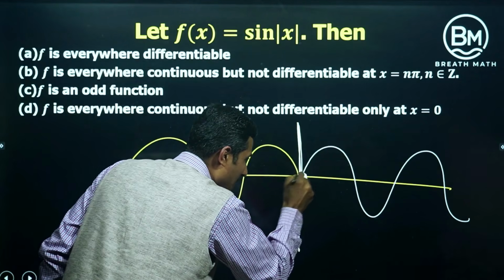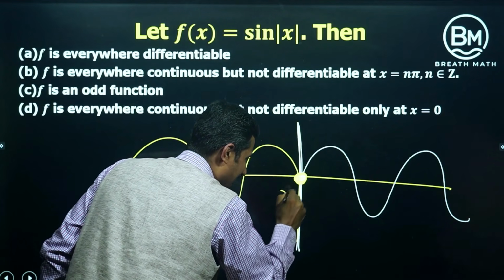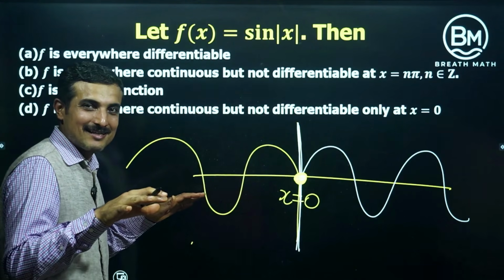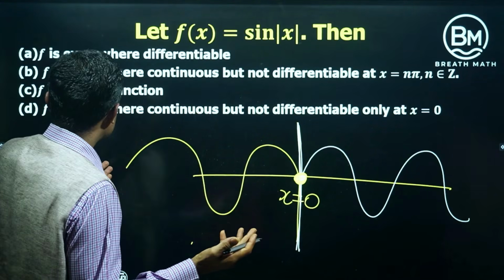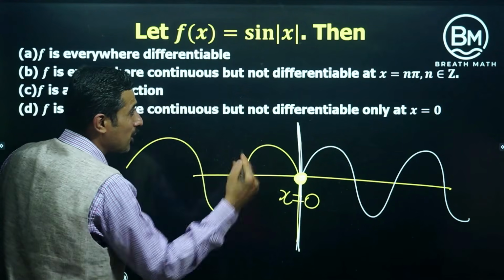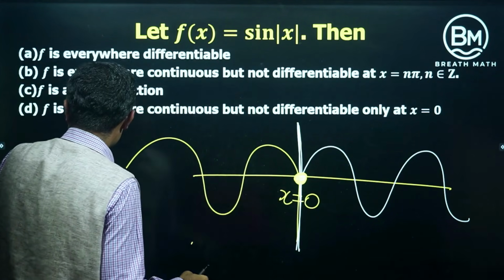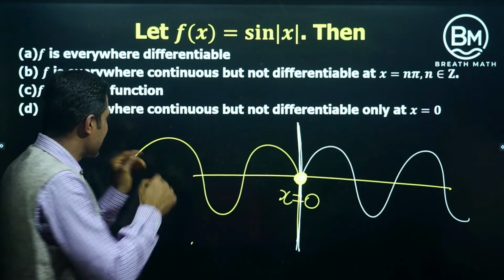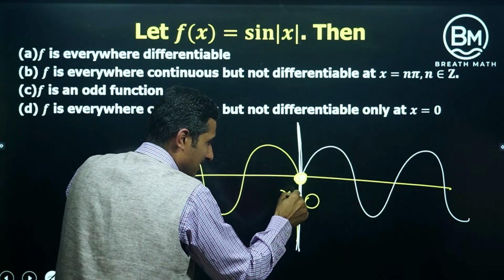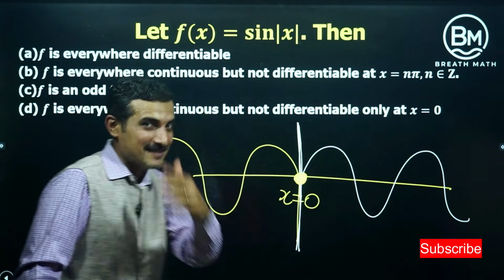So the sharp edge is created exactly at x equal to 0. That's it. You got the answer. So f is everywhere differentiable? No. At one point it is not differentiable, that is 0. I think option D says it is everywhere continuous but not differentiable at x equal to 0. Hope you guys are enjoying.